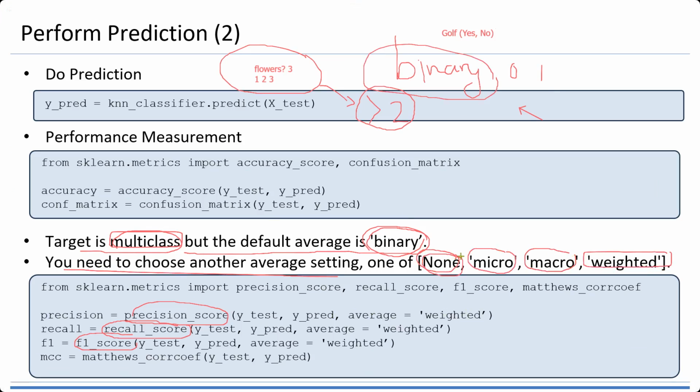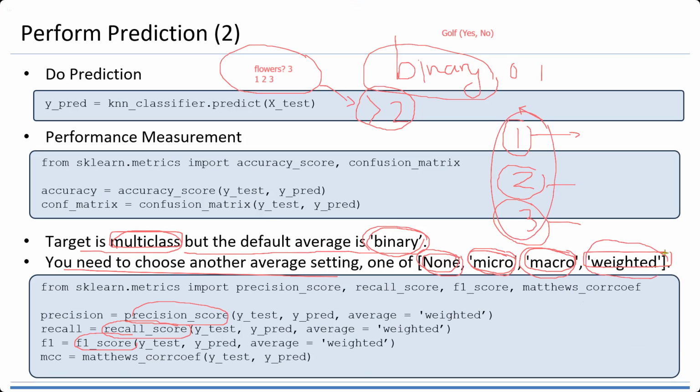If it is none, it means we do not do any average, so we just put the original value. If we use micro, it means if we have 3 classes, we do the performance on class 1, on class 2, and on class 3, and we show each of them. If we use macro, we do the performance on all of them at once and then show it.